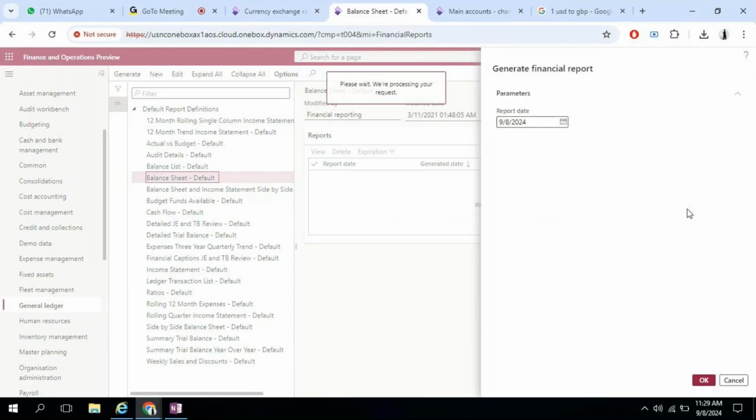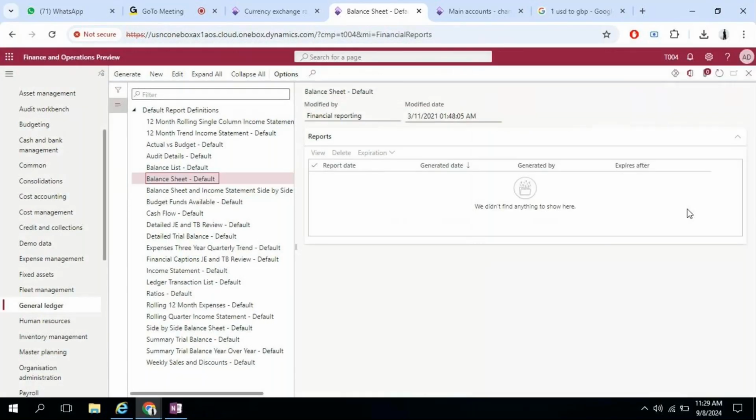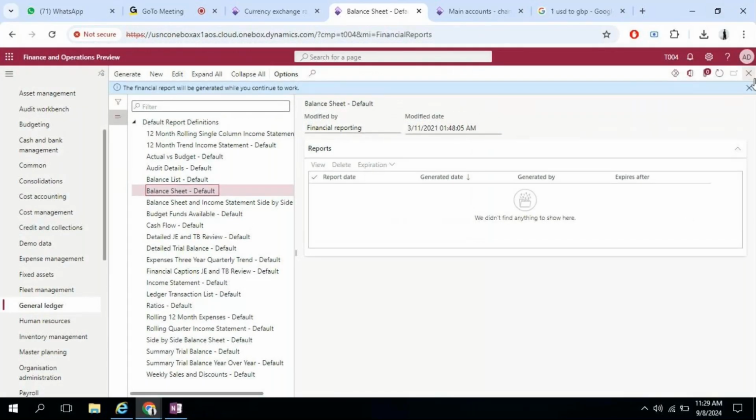If you want to print the balance sheet or the trial balance, you will not be able to do it from the first screen which I showed you from the general ledger module. But from here you will be able to print that report as well, and this report is required for auditing and different purposes.